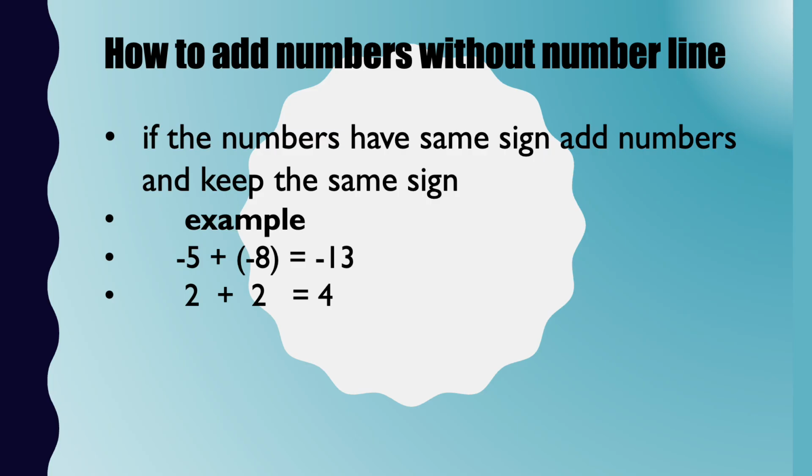Okay. Now, let's see the sign. What is the sign here? Plus sign, plus sign. Remember, if the numbers have the same sign, add numbers and keep the same sign. So what is the sign? Plus. Why? Because we have the same signs. That's how we add numbers without the number line.